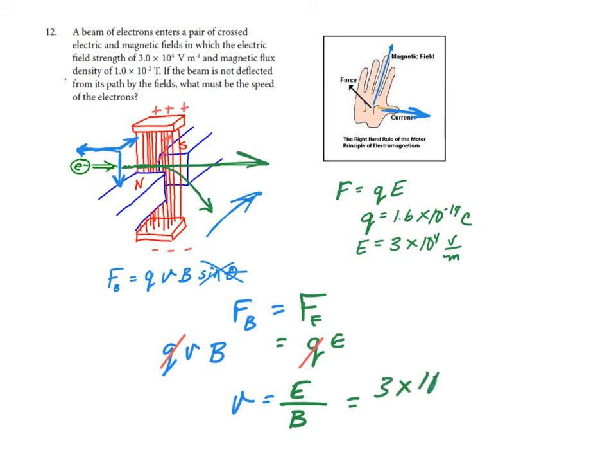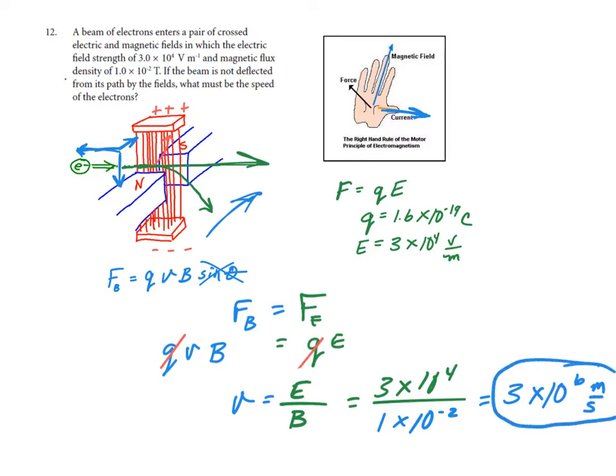3 times 10 to the 4 divided by B, which they give us as 1 times 10 to the negative 2, and this will equal 3 times 10 to the 6 meters per second.